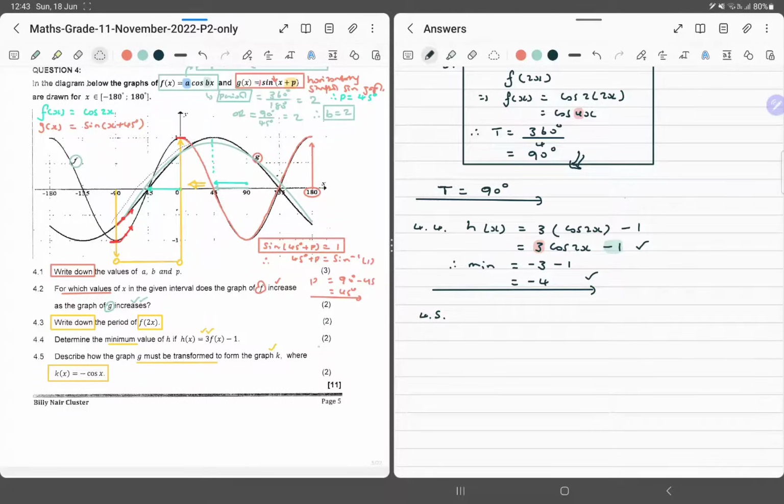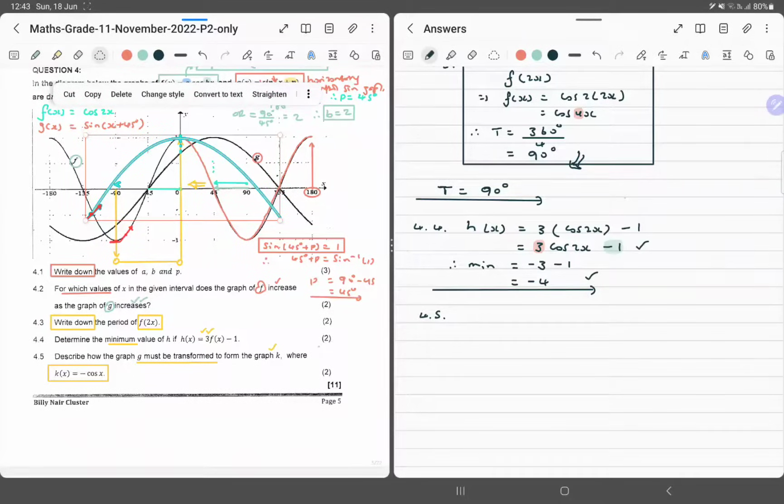Now, you see, if we're shifting this graph 45 degrees to the left, look what happens. It looks like the cosine graph because now 0 becomes the maximum. You get me? So that is the story.